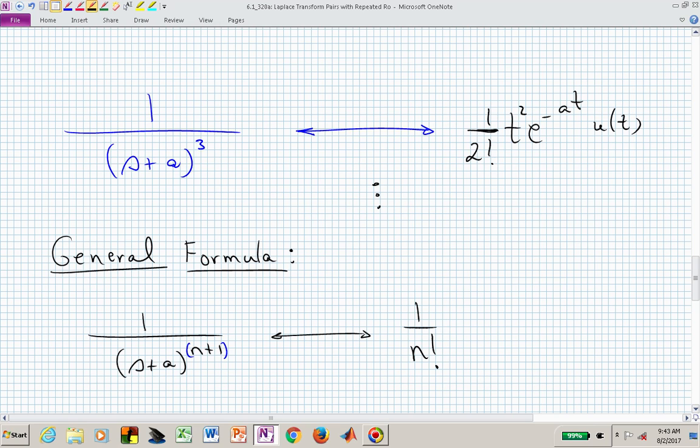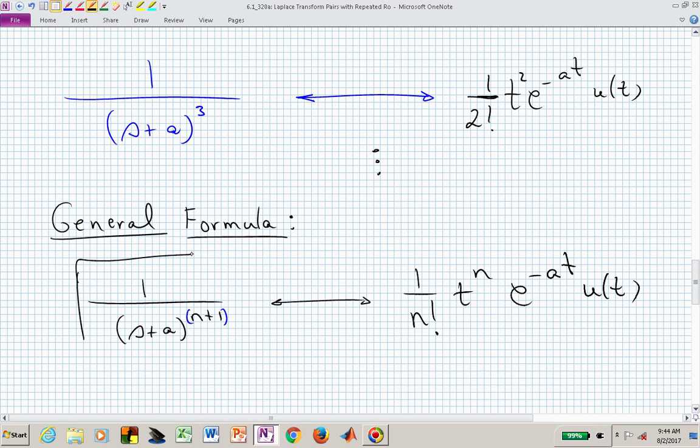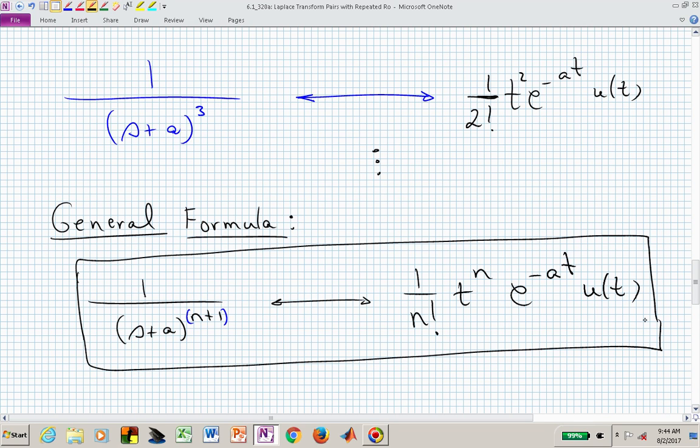We take 1 over 1 less than that, factorial, so we have 1 over n factorial, t to the n. Again, that's now 1 power less than the repeated roots, e to the minus at, and we want that to be on for time t greater than or equal to 0. So that's the general formula.